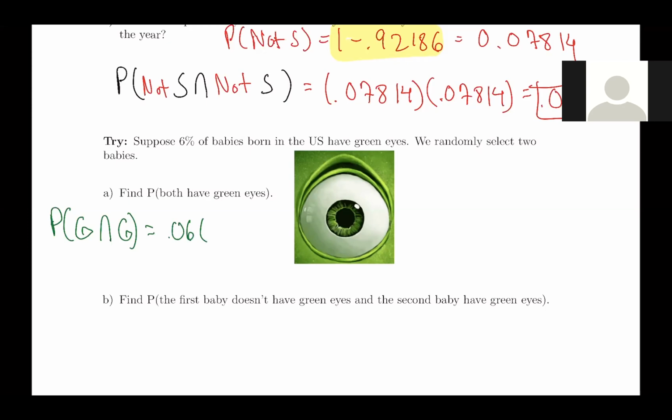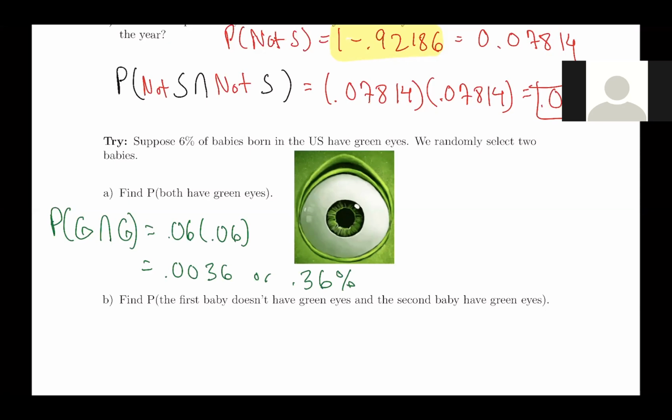And the probability the second one will also have green eyes will be the same thing, 0.06. So if you do 0.06 times 0.06, you actually get 0.0036 or 0.36%.